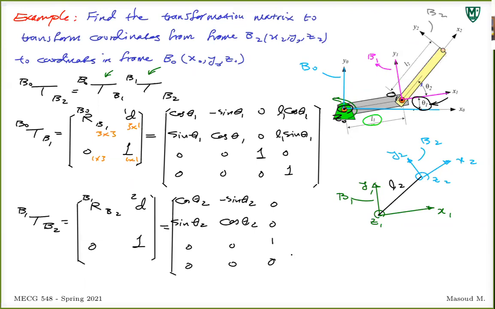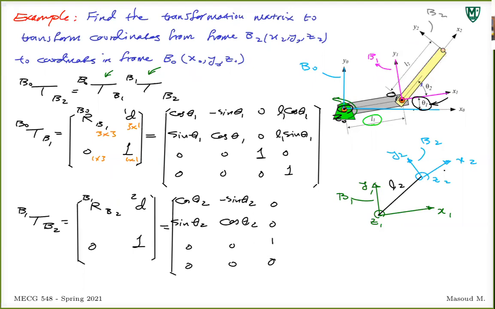What is the D vector, D2? Position of the origin of B2 in B1. I feel like it would just be L2 cosine θ2 and L2 sine θ2, 0, 1.